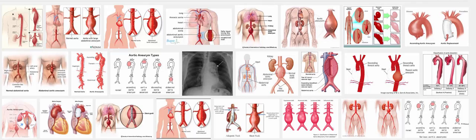Once the aortic wall is disrupted, how does coagulation proceed? Exposure of tissue factor in the vessel wall initiates the extrinsic pathway of coagulation. Circulating factor 7 comes into contact with tissue factor, activating factor 10.